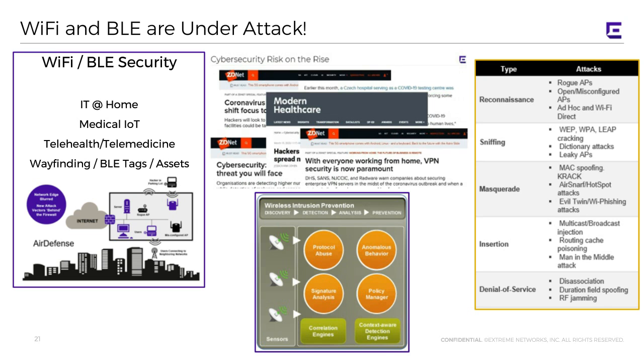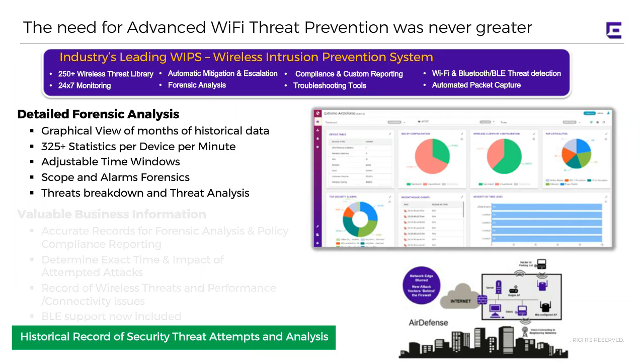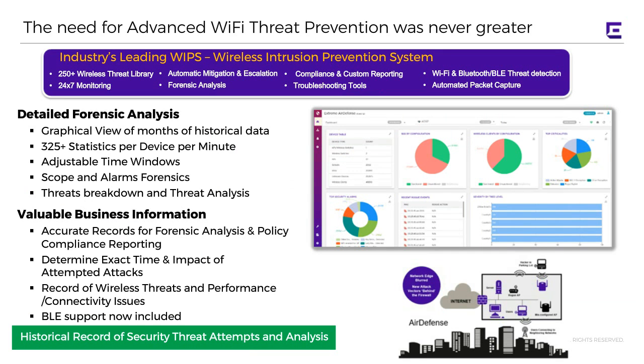Yes, it does. Which is why we have the industry-leading solution called Air Defense. Air Defense has been around for a long time. In fact, it's been the leading wireless intrusion prevention system for over a decade. But it also provides great Wi-Fi troubleshooting tools when you're not chasing the bad guys out.